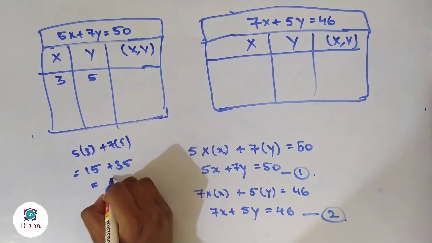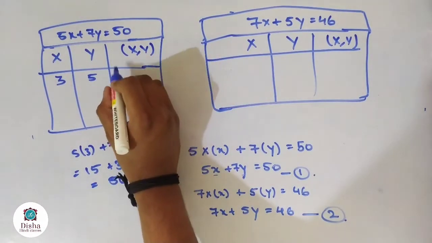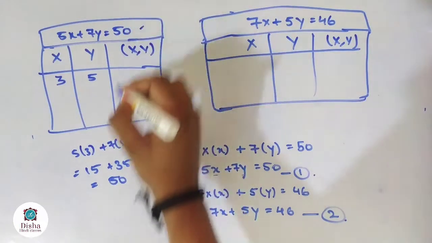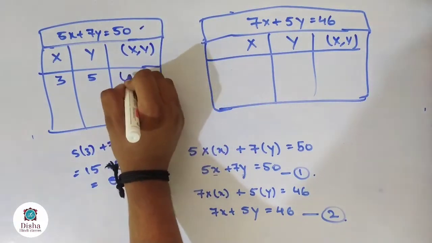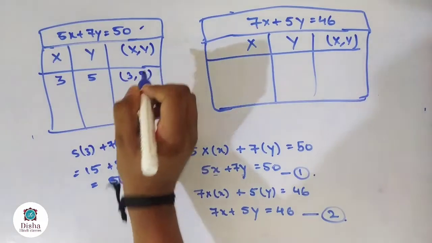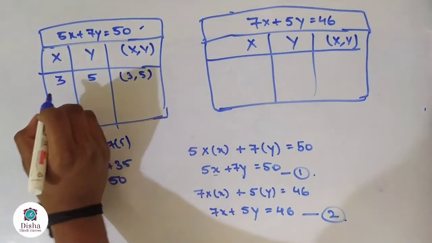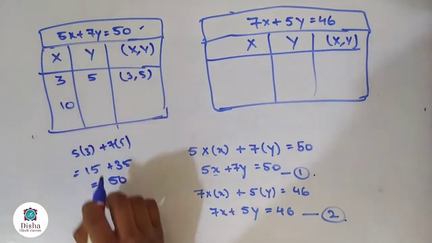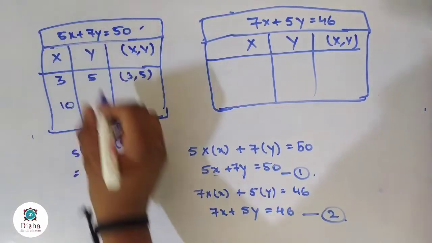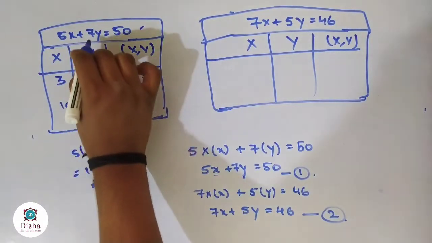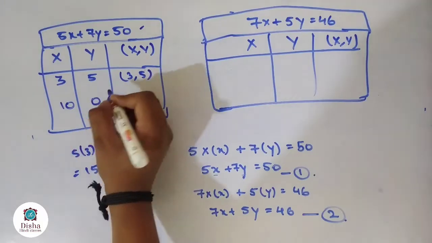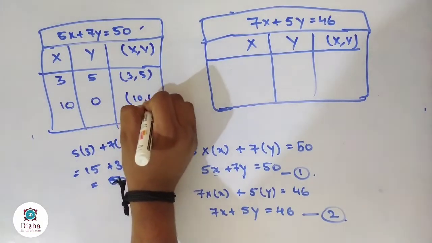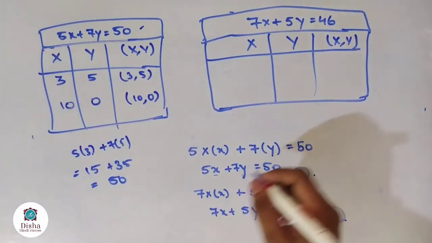If you add both you will get 50. So this equation is satisfied, and this is a pair of x and y, it is 3, 5. Next we will take x as 10. 5 into 10 will be 50, so y will become 0. So 10, 0.